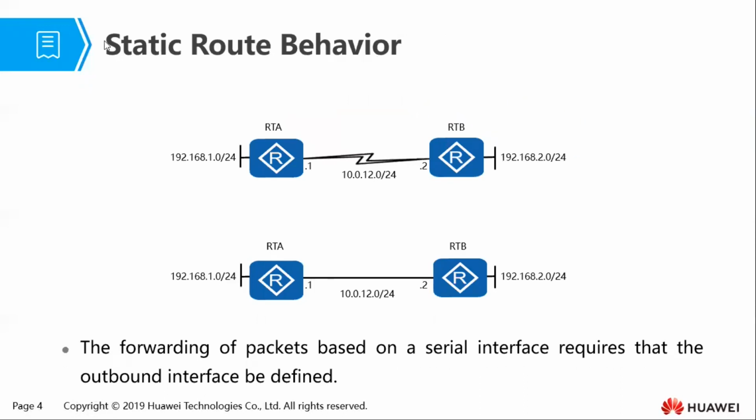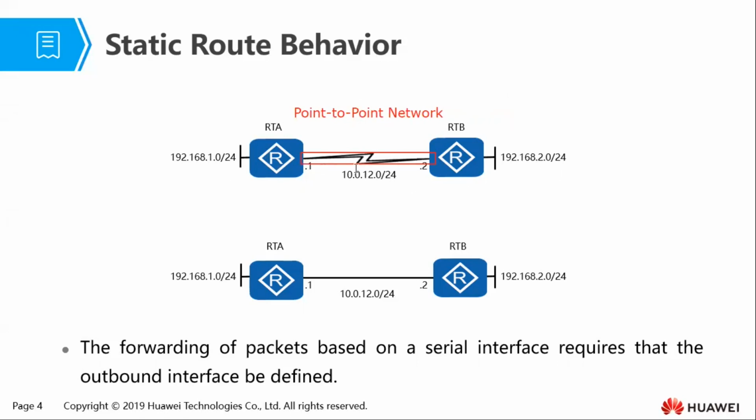So let's look at static route behavior. Generally, when you're connecting two routers using a serial cable, this kind of network is referred to as a point-to-point network. The reason being, when you're using a serial cable to interconnect routers, you're only interconnecting two routers.